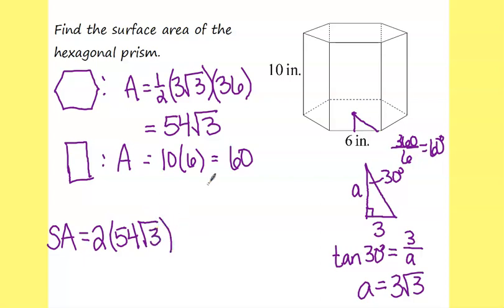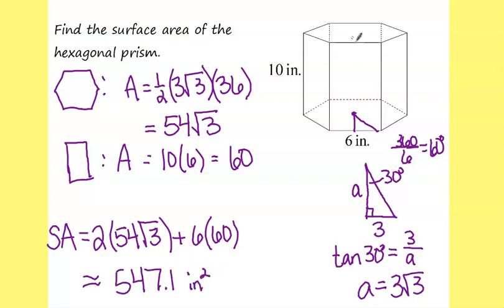And then I have 6 rectangles. If there are 6 sides to the hexagon, that means there are 6 rectangles connecting those two hexagons. So I have 6 rectangles that are 60 each, and if I combine those together, that's going to come out to be about 547.1 inches squared.